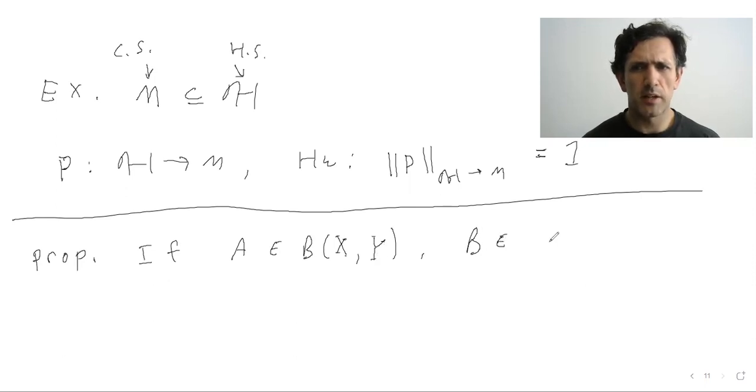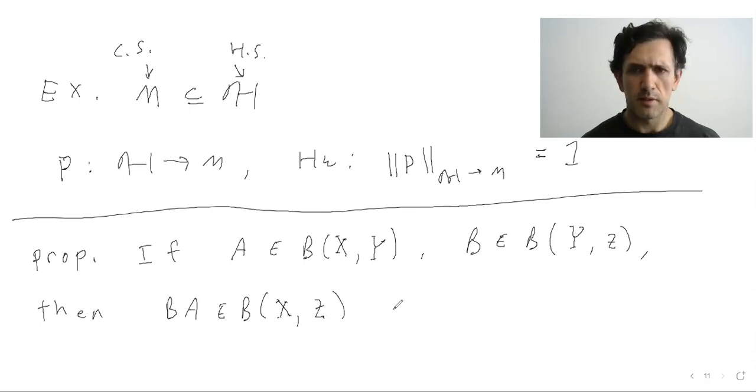Let's say I have B, a bounded linear map from Y to Z. Then BA, not that it matters much, but BA is going to take, well, take an X, A spits out Y, B takes in Y, spits out something in Z. So this is bounded from X to Z. And in fact, the operator norm from X to Z is less than or equal to the operator norm of B times the operator norm of A.